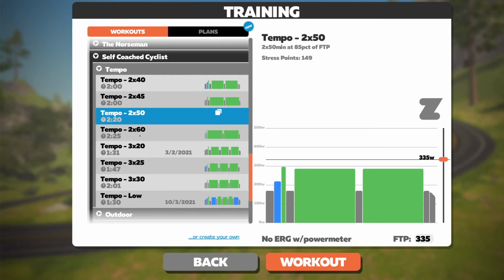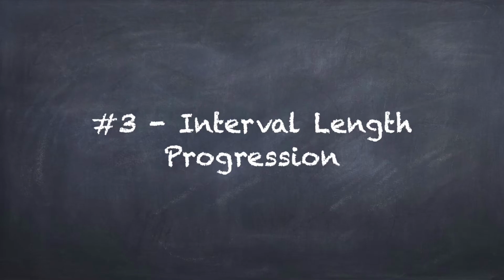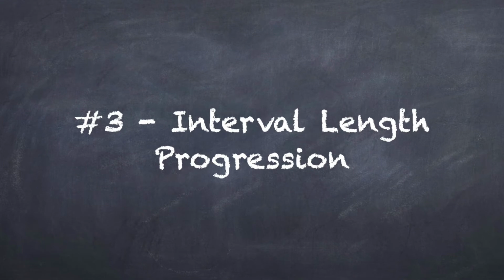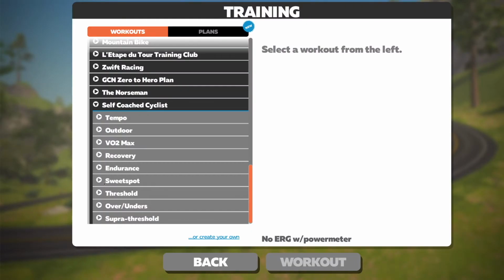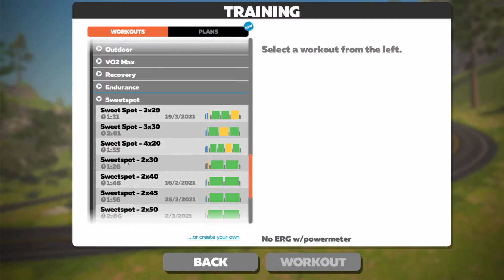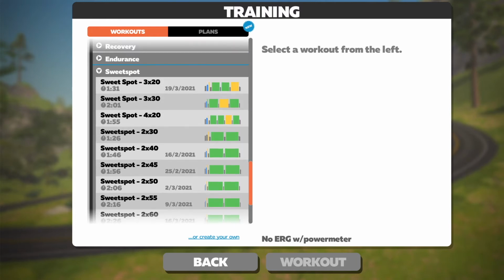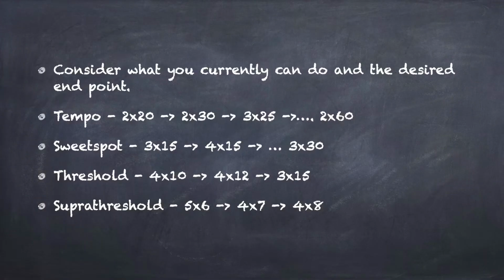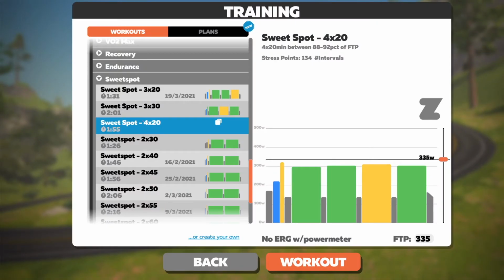Next thing you're going to have to think about is progressing your interval length. So basically you need to look at where you are, what you think you can currently handle, and then just build up a progression. For tempo, that might be starting at 2 by 20 minutes, 2 by 30 minutes, 3 by 25, and just go as far as you can, considering the time you have available.